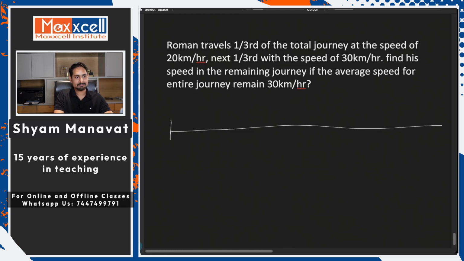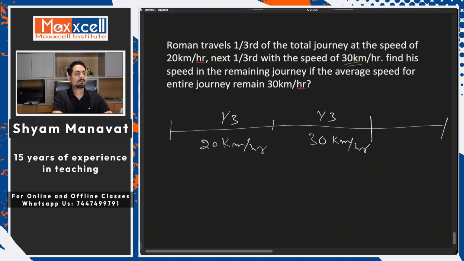When they say 1/3 of the total journey, they mean 1/3 of the distance. Next 1/3 with a speed of 30 kilometers per hour. Now question said, find the speed in the remaining journey.